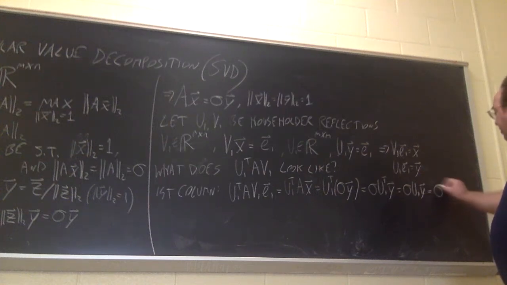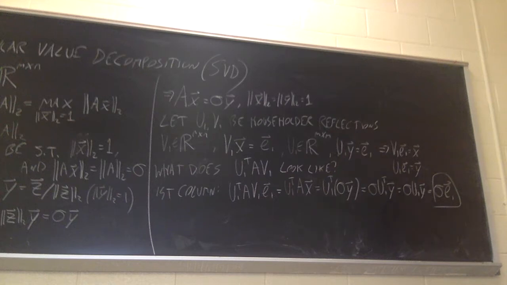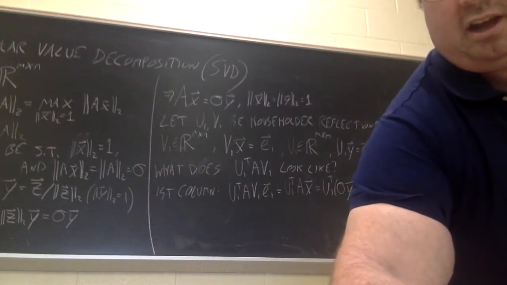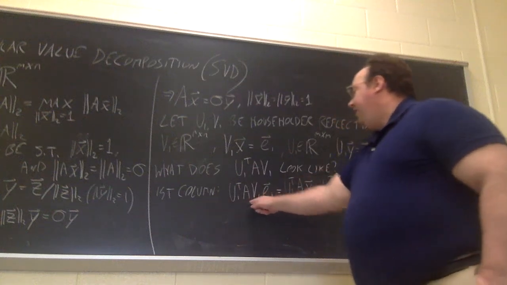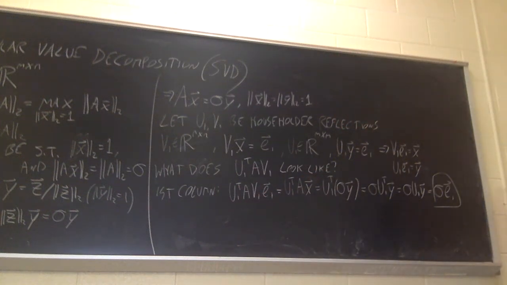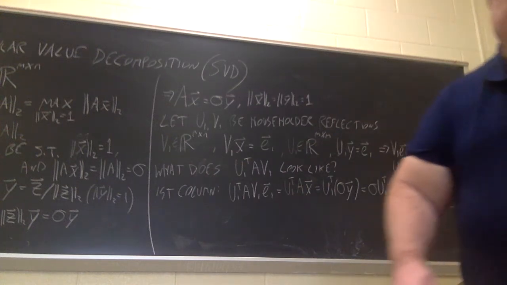So I get sigma e1. So the first column of this matrix that I'm interested in is all zeros except for the first entry, which is equal to sigma.